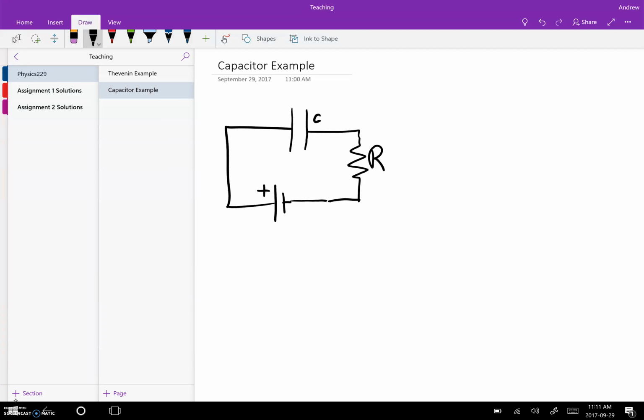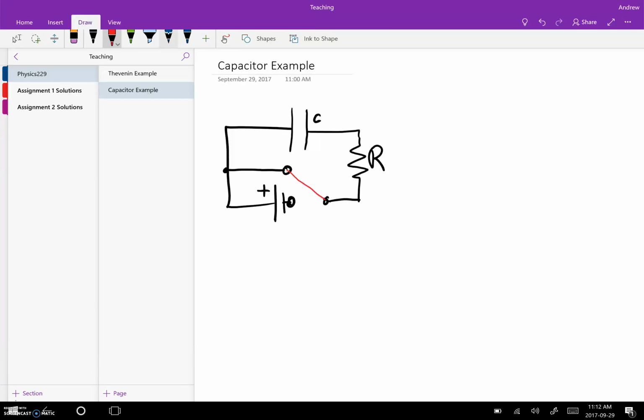The general setup for studying it is to have a switch here that will allow us to either create an RC circuit on its own, no battery source. So if our capacitor is charged, it'll let it flow. Let's draw this in a different color so we can differentiate the two.